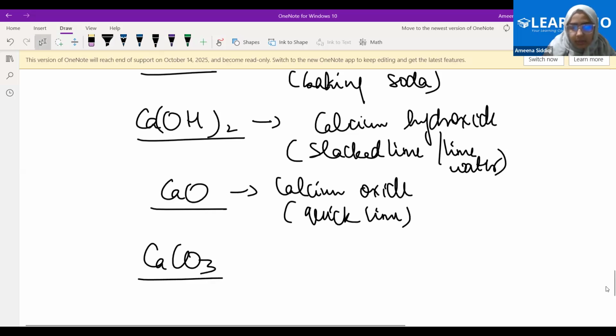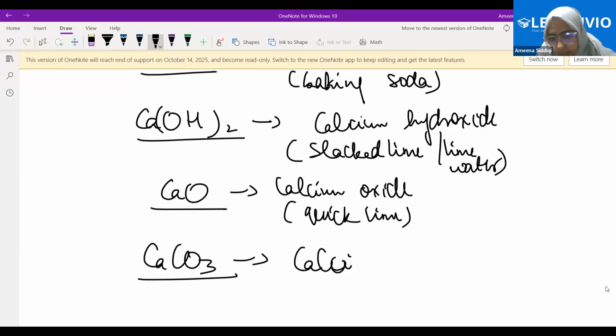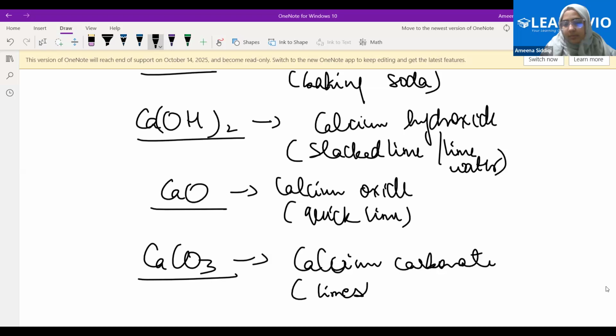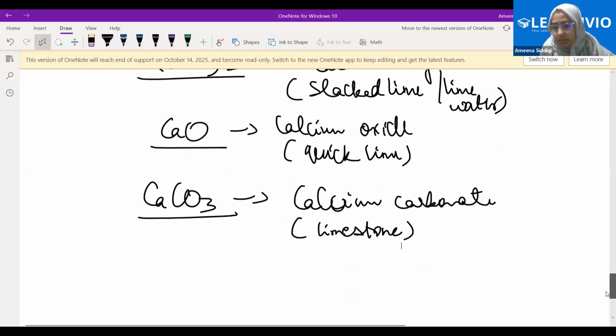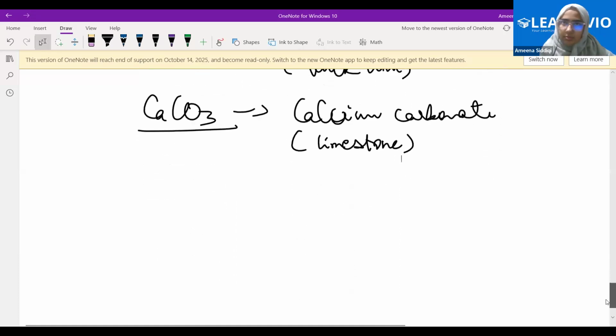What's the chemical name for this, bachcho? Calcium carbonate. Good. And its common name is limestone. Chalk, marble, all of this are different forms of calcium carbonate. So that's it.